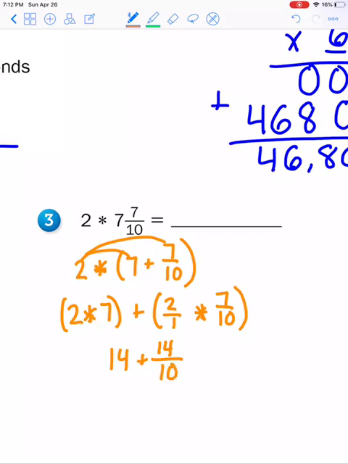So 14/10, I definitely can take out a whole, right? Because I could take 10 out of 14, and I'm left with 4/10. So my answer is 15 4/10.